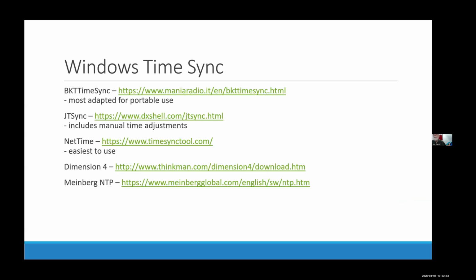You can use a GPS receiver, about a $12, $15 module connected to your computer. And one of these, I think JT Sync, will let you use the timestamps in WSJTX and tweak your clock. Net time, the one in the middle, is the easiest to use.